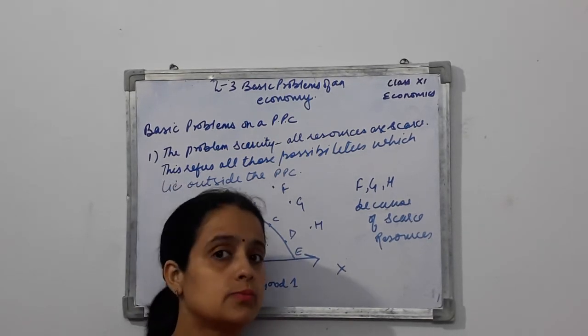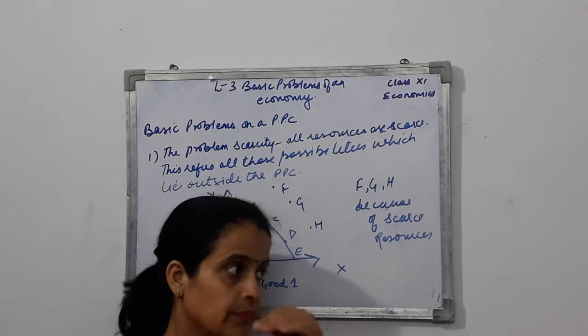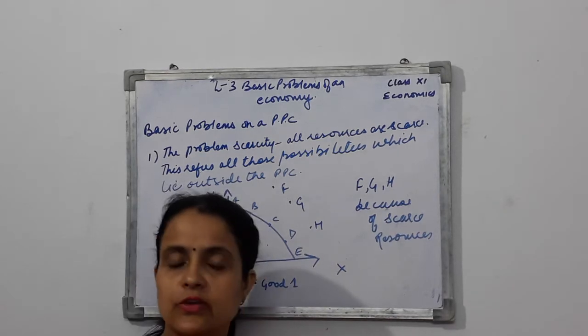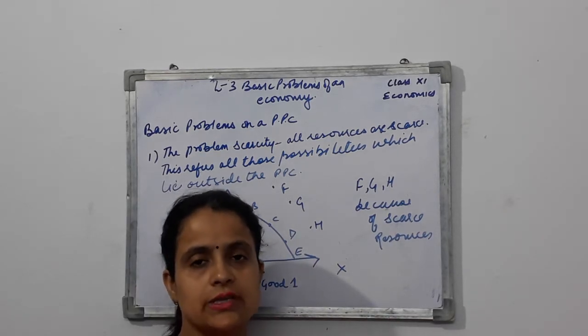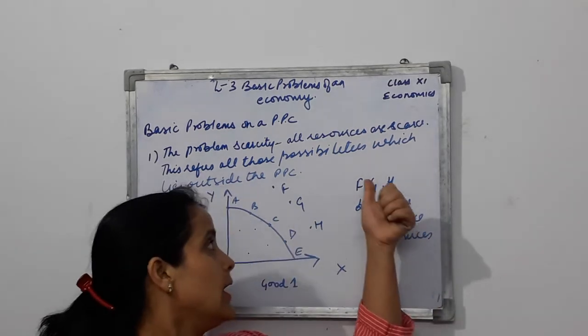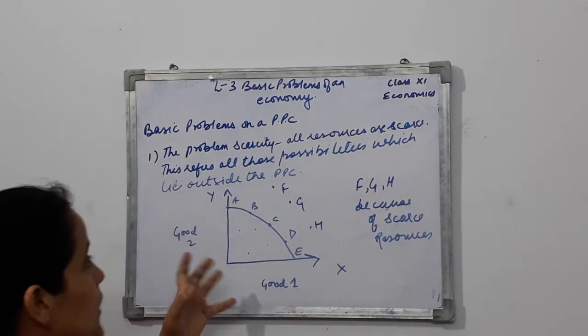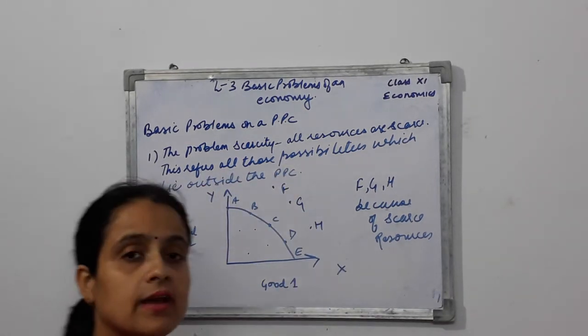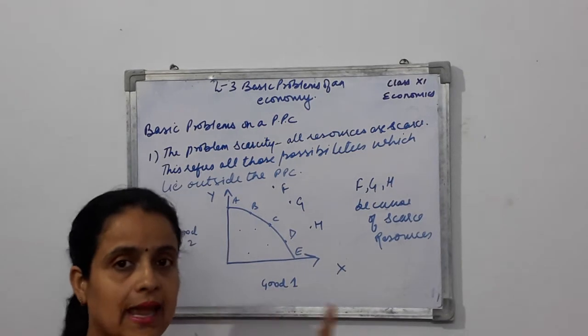Because the resources to achieve these points F, G, H are limited. We don't have so many resources and so much technology that we can achieve any point outside the PPC. So through a production possibility curve, we can show our basic problem, the problem of scarcity. That is what PPC can be used for.